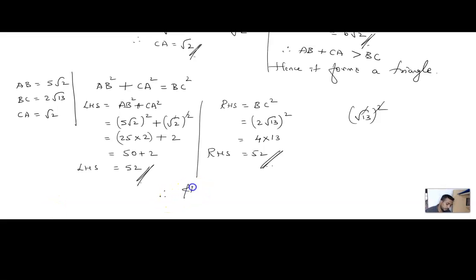Therefore the given triangle ABC is a right angled triangle. So which type of triangle is formed? A right angled triangle is formed.